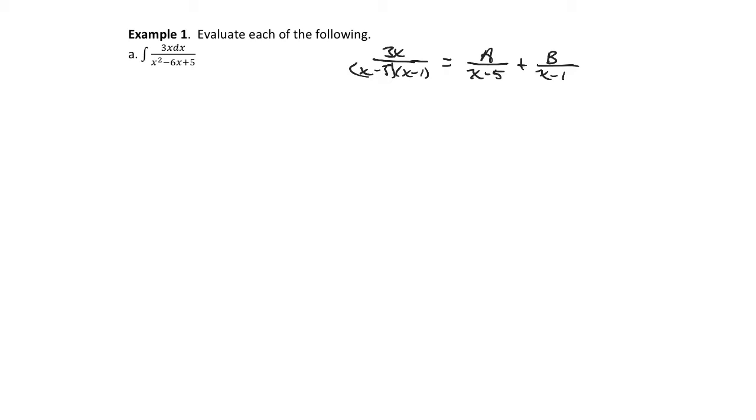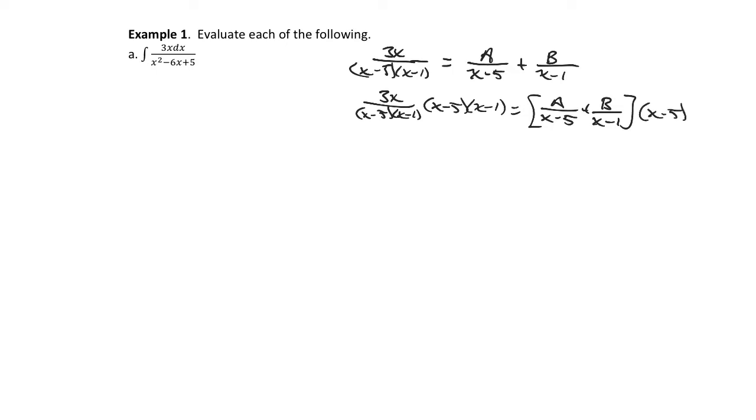I'm going to multiply both sides by the denominator of the left side, x minus 5 times x minus 1. I'm going to write out all the steps in this particular example, but after this, we'll save some time and only write some of the crucial steps. We'll have x minus 5 times x minus 1.